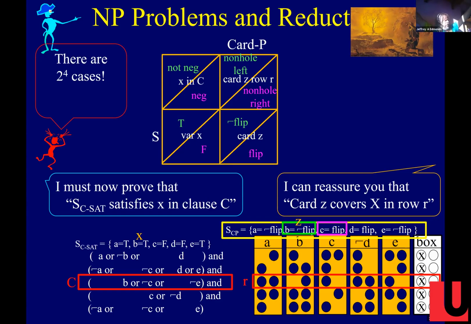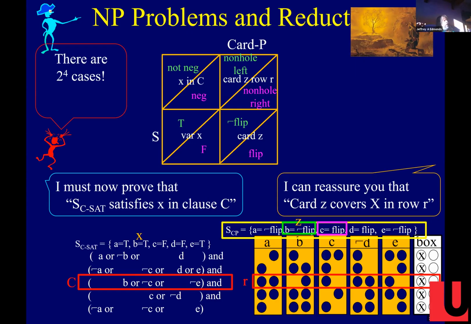What was our game? The adversary gave us a bunch of clauses. So that gave us our input to the clauses. We mapped that over to the card problem to give us a bunch of cards, right? Then the oracle gave us a solution to the cards, and we came up with the solution to the clauses.